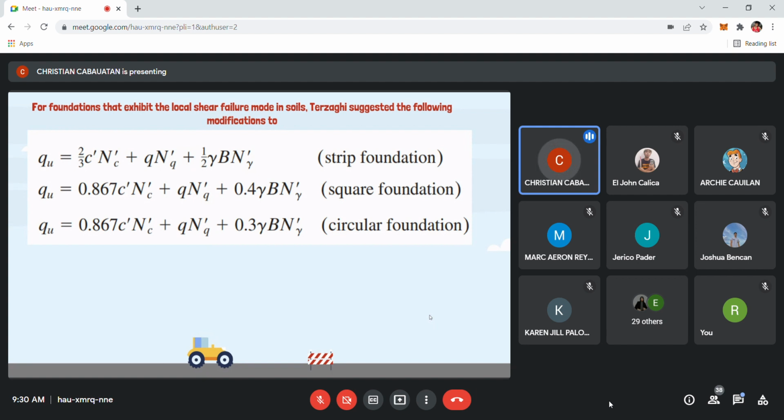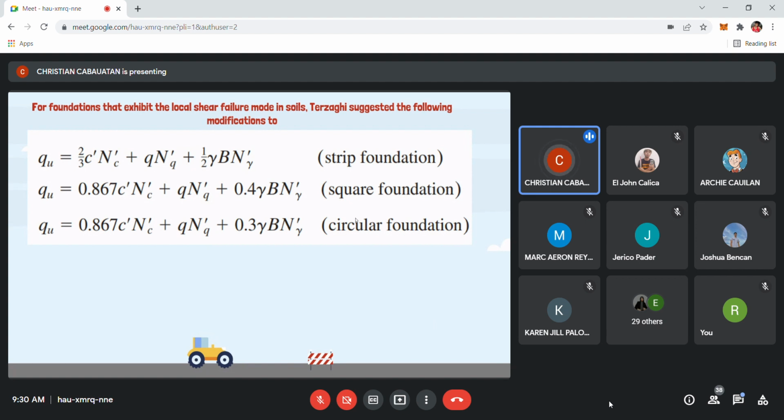Okay. So next meeting, I would expand kung ano talaga yung mostly used na name ni cNc, qNq, and gamma B N gamma. May ginagamit diyan na terms para during your college days pa lang alam nyo na.